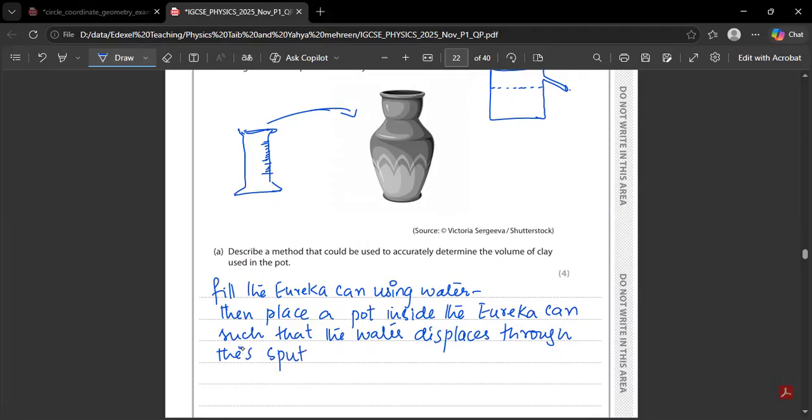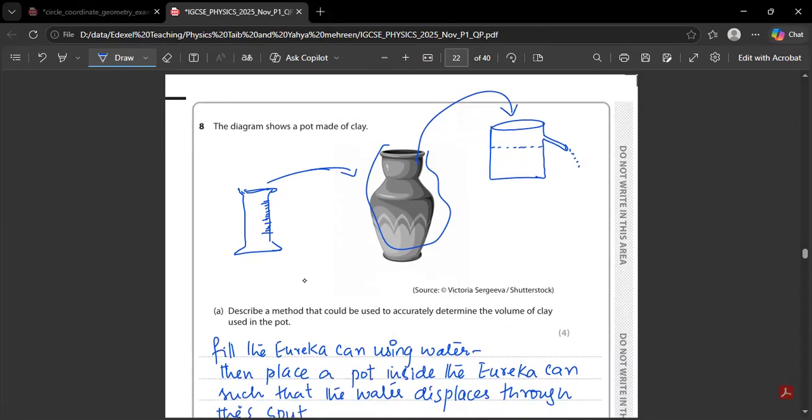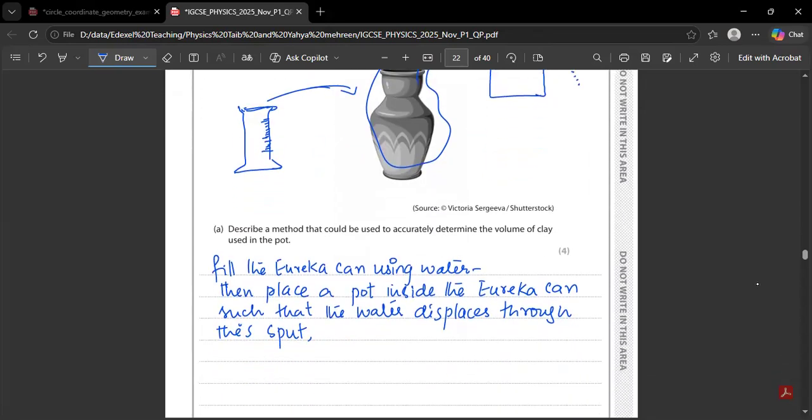Okay, the water will definitely start coming out from this outlet when this pot is allowed to immerse in this Eureka can, right?